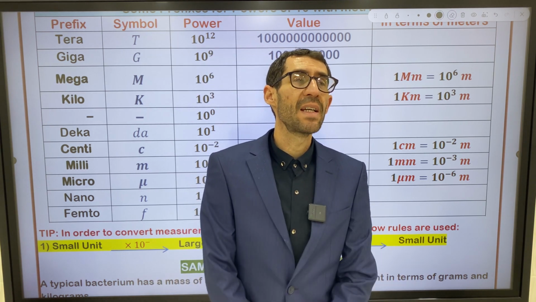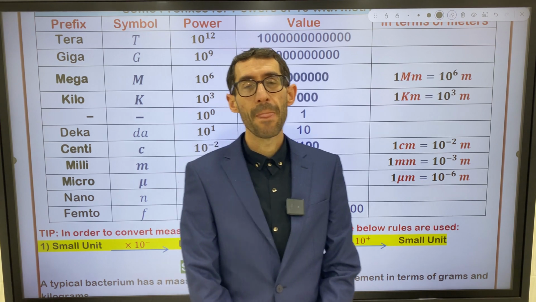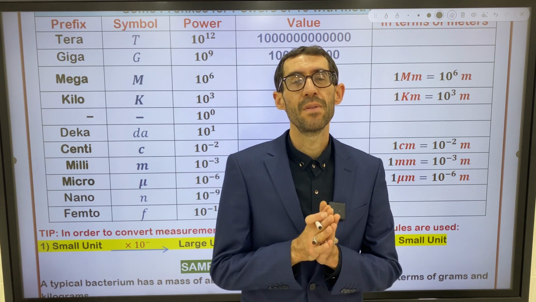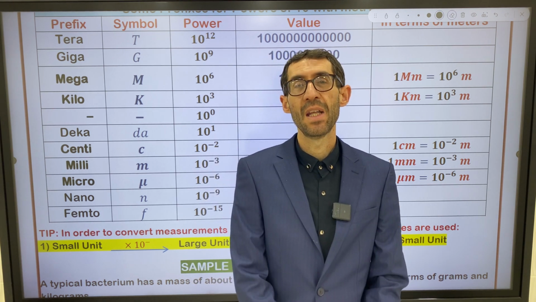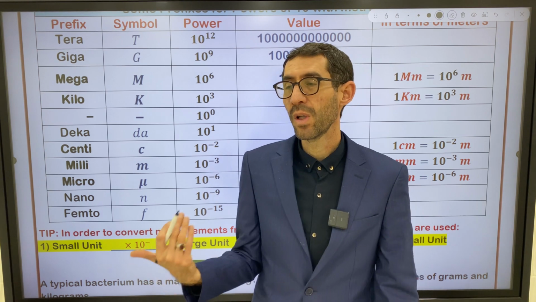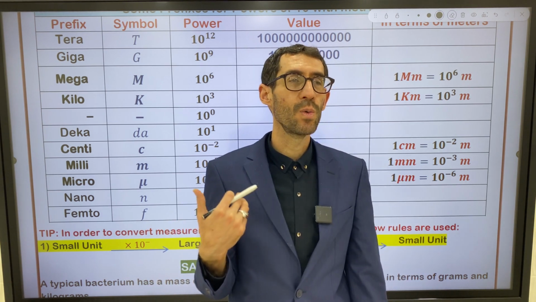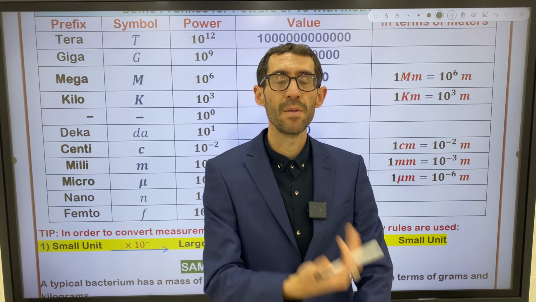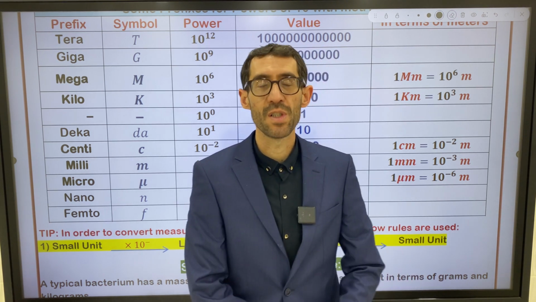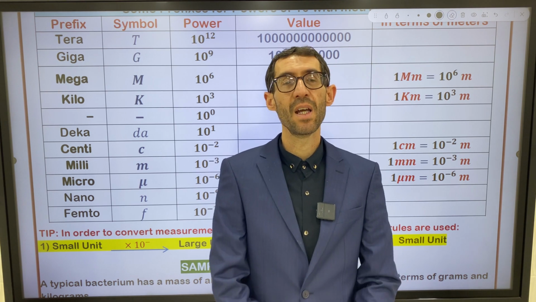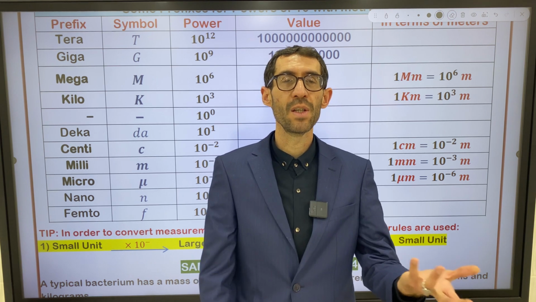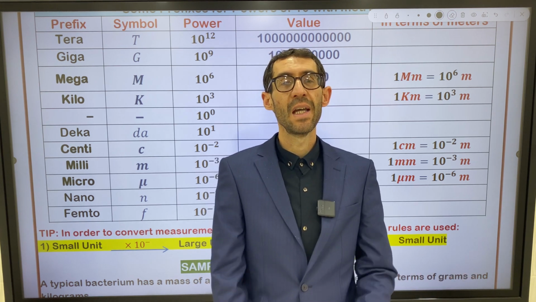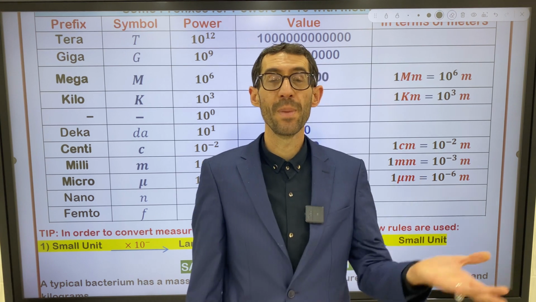And I told you prefix is a kind of simplification for our speech, right? If I go to the grocery store and I want to buy tomato, I don't say, give me 1,000 grams of tomato.